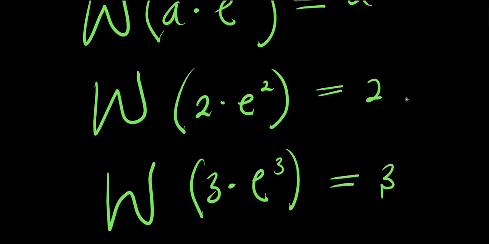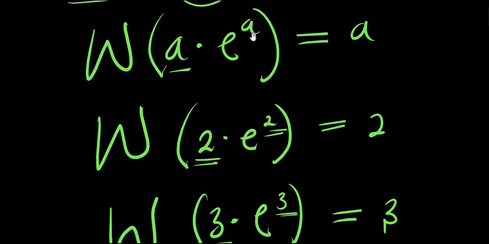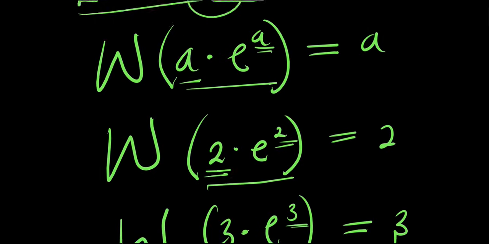Now look at it here. What you have here is exactly what you have here, just like the 2 we have here, and the a that we have here, and here is the a again. So it must be this way. You must follow this pattern before you can apply the function.